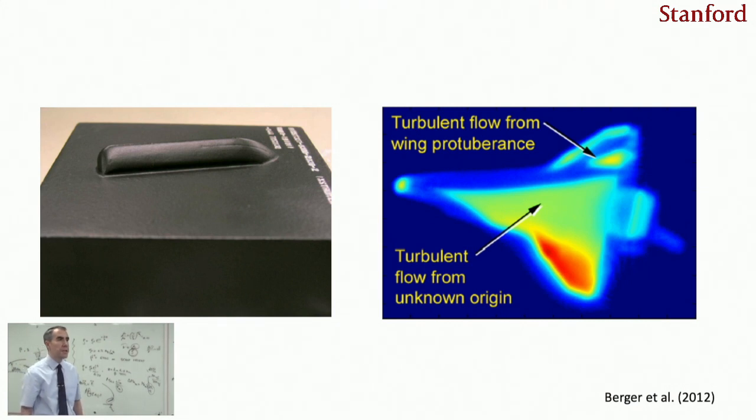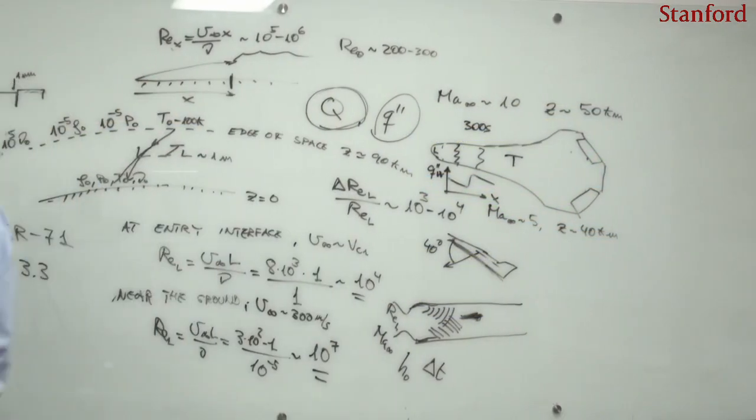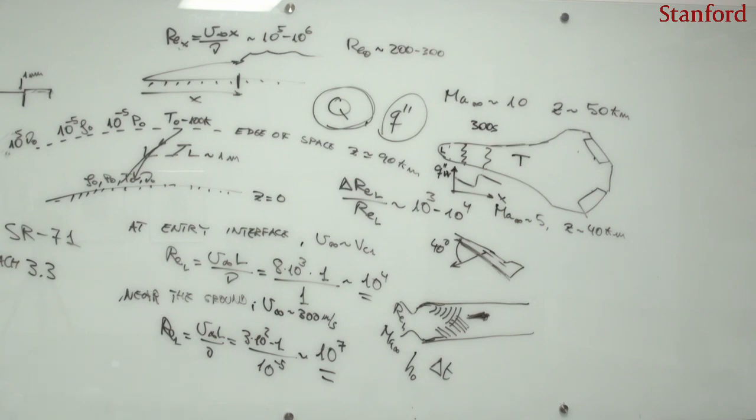And you can see the signature of a bump on the wing of the space shuttle, like that yellow spot radiating more heat as a result of transition induced there by the bump. Well, boundary layer transition, as I said, is a very complex problem, and it's also complex because of the following reasons in hypersonics.